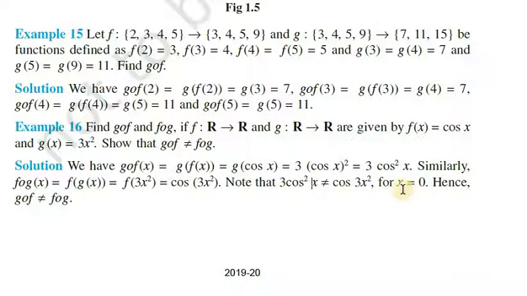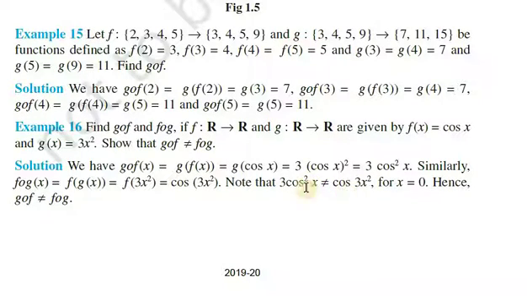Therefore, you can see this for x not equal to 0. At x equal to 0, they are not equal, because cos 3x squared will be cos 0, and cos 0 is 1, but here 3 into cos squared x, with cos x being 1, will be 3.